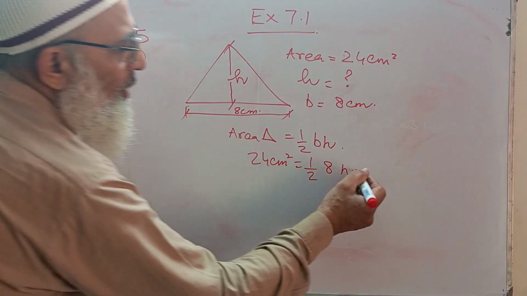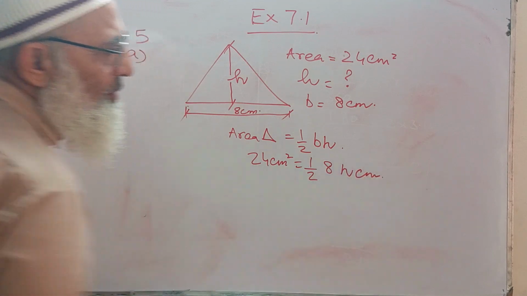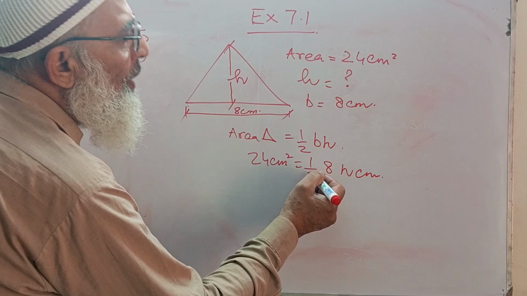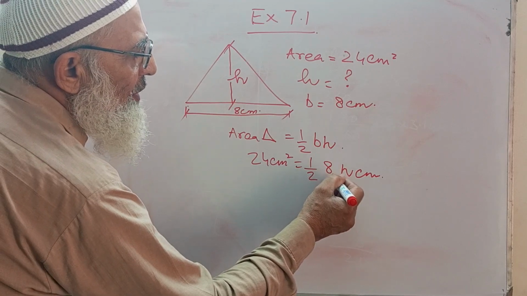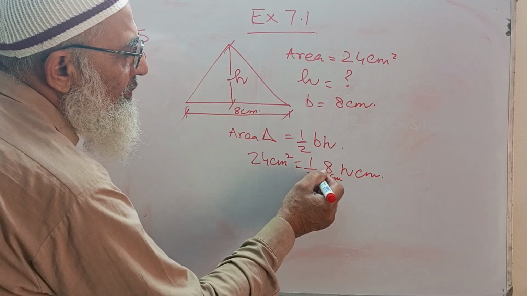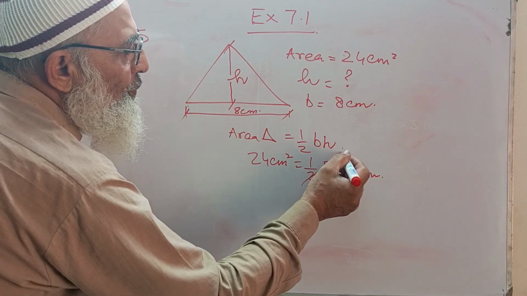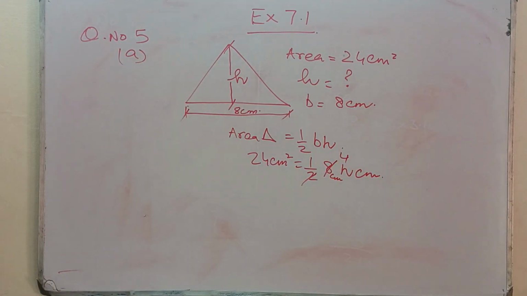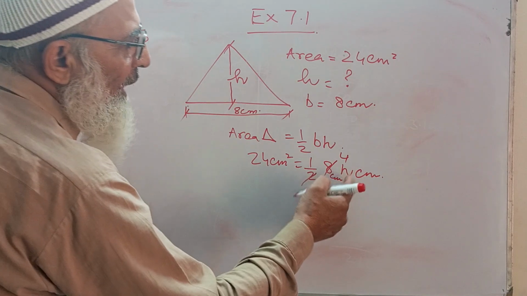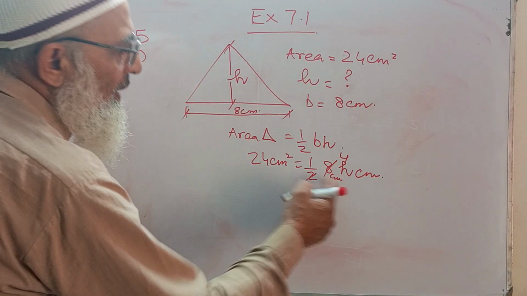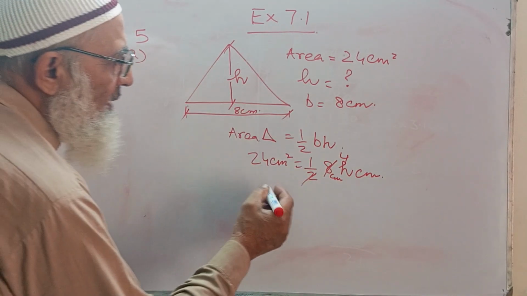Now h should be in centimeters, and this is also in centimeters. I forgot to write it: 4 times. Now what I have to find is h. I'll just swap the sides.